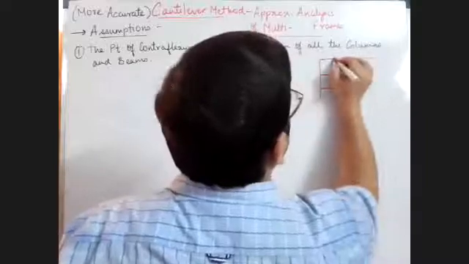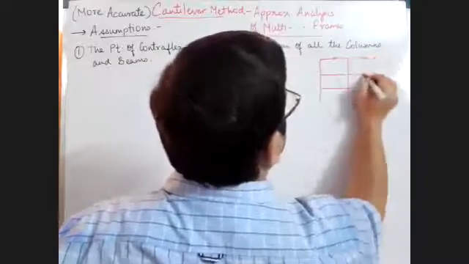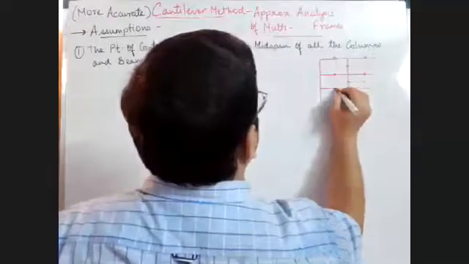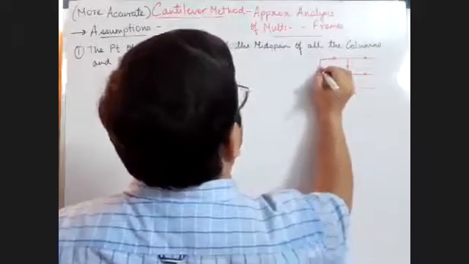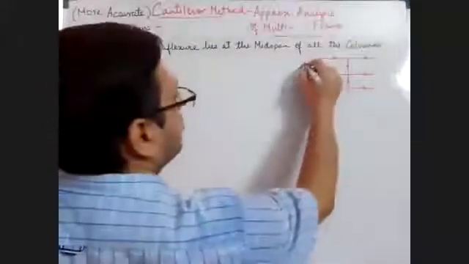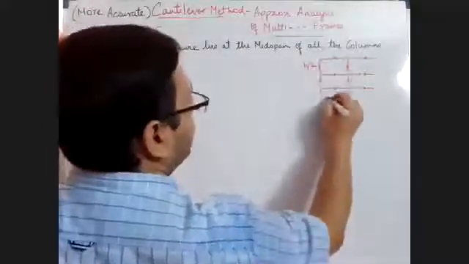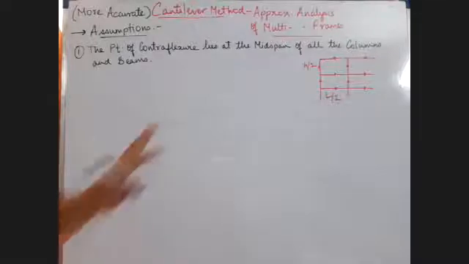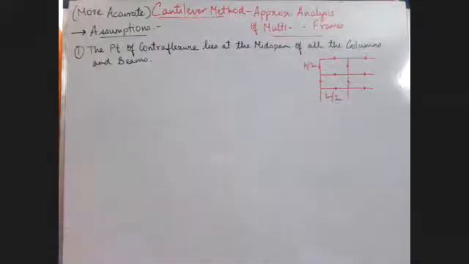So we have the point of contraflexure demarcated at the mid. That is, for columns it will be h by 2, and for beams it will be L by 2. That is, the point of contraflexure lies at the midspan or midpoint of all the columns and beams.